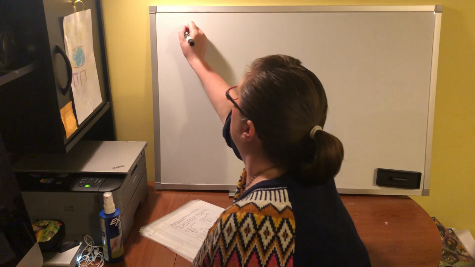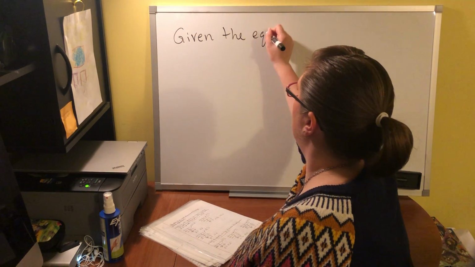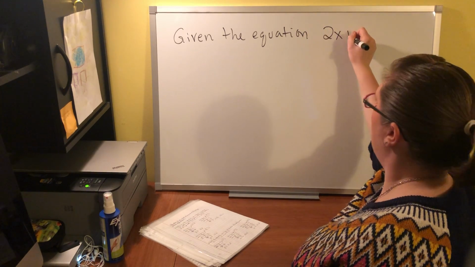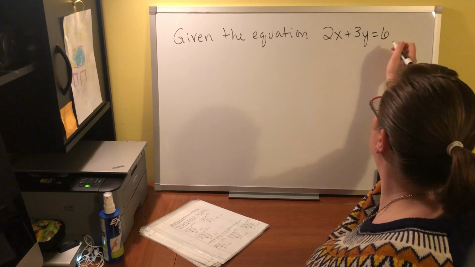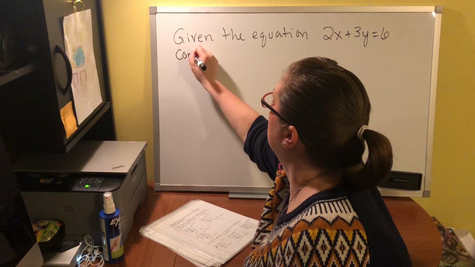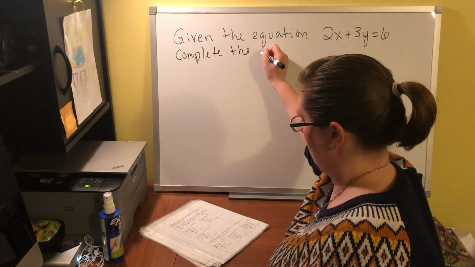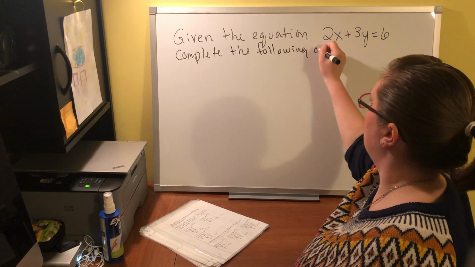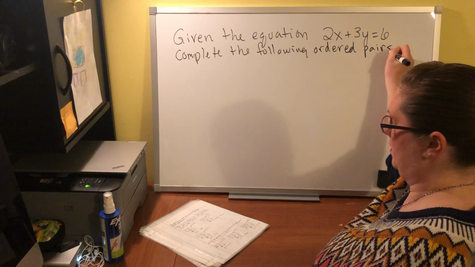So, given the equation 2x plus 3y equals 6, complete the following ordered pairs.